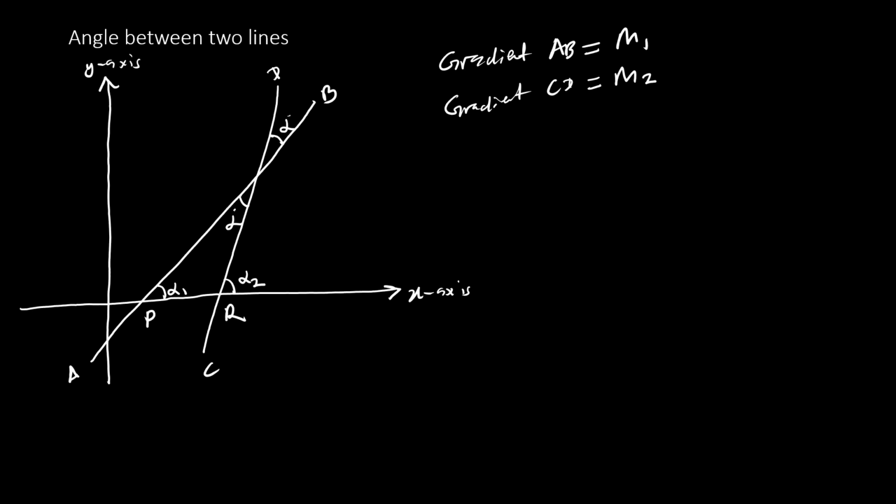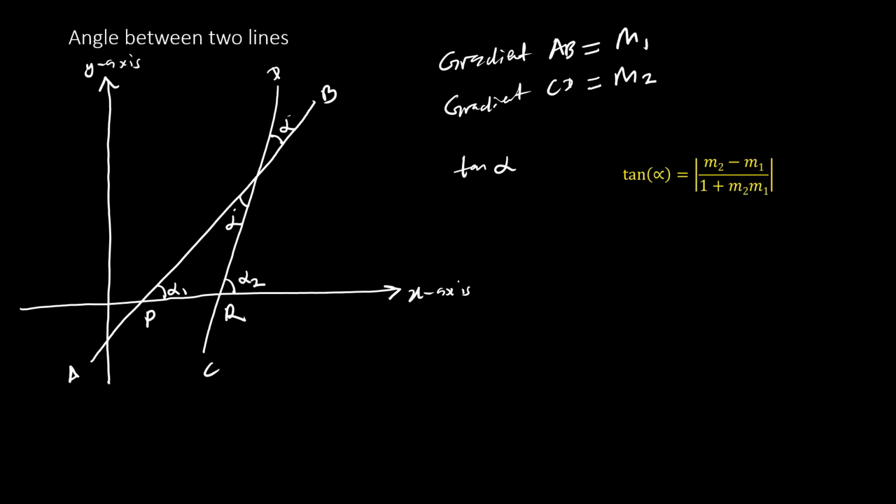Then from the formula we have that tan alpha equals M1. This is going to be tan alpha 1. You know what? I'll just do this again. Let's rub this off. Let's consider line AB. Line AB makes an angle of alpha 1 with the positive x-axis. So we can get the slope of line AB by considering the formula for the gradient, which is tan alpha.